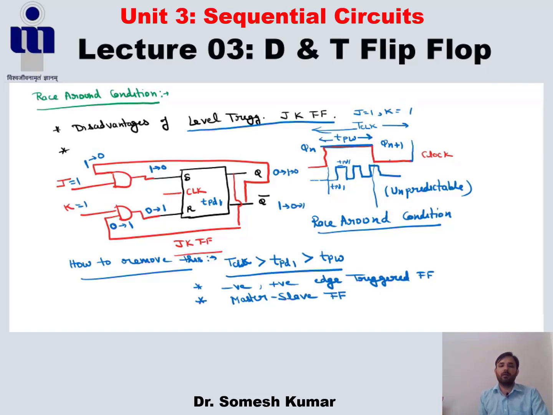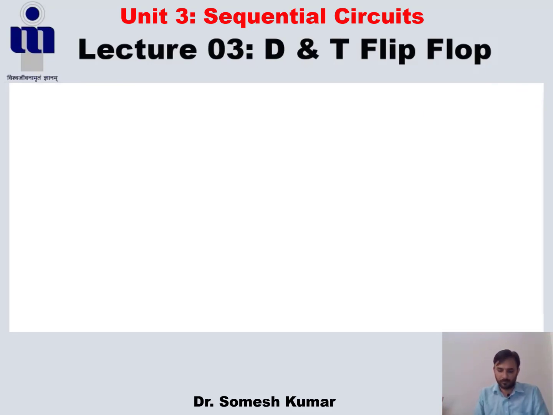So now we will study the master-slave flip-flop. Basically, in the master-slave flip-flop, as the name suggests, there are two flip-flops. So basically, we can say there are two JK flip-flops. One acts as a master and the second acts as a slave.